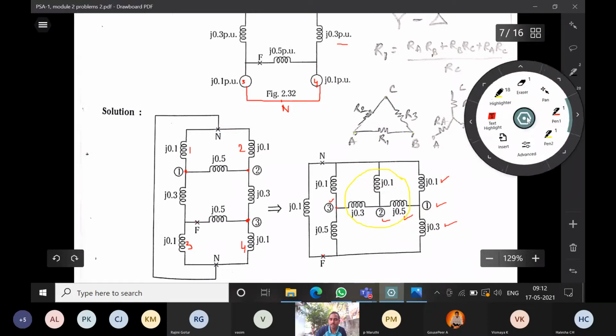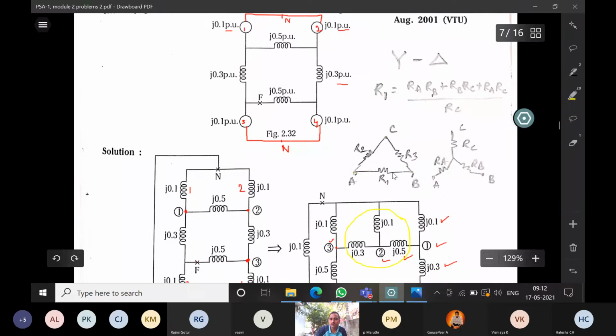How are we writing it? So suppose I want R1. So we are converting from star to delta, right? So I want R1. So what is R1? R1 is equal to RA into RB. So I want R1. R1 is here. Okay, R1 is here.